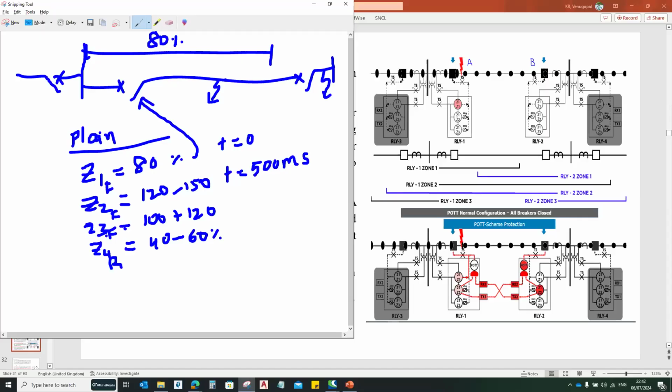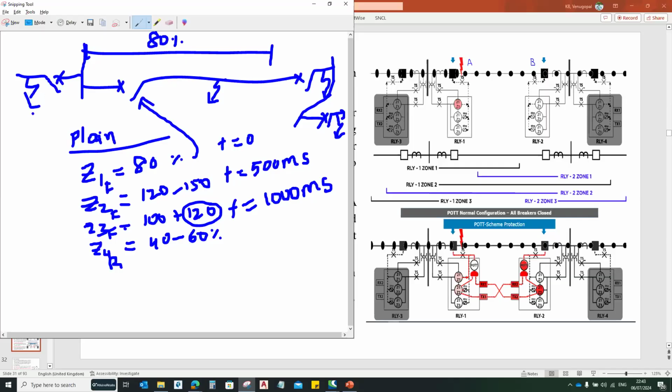Then zone 3 also forward. Let's assume that this is connected to the other shortest feeder. Then the fault is somewhere here, which is in this particular zone. That is the additional 120% which I'm adding, right? Let's assume that this will operate after 1000 milliseconds. And similarly zone 4. Suppose the fault is somewhere here.